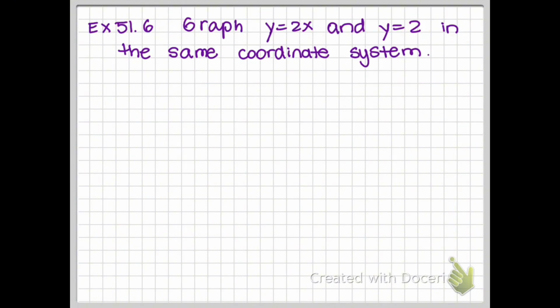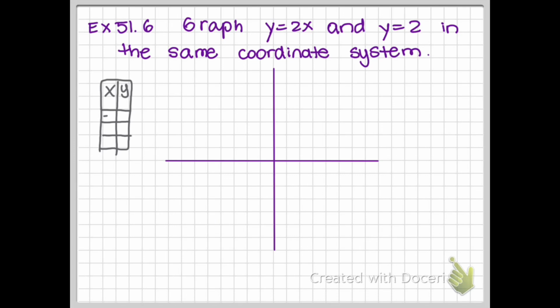So now just to compare, we're going to graph in one coordinate plane both y equals 2x and y equals 2. So we're going to do the same process that we did before. We're going to do our table for y equals 2x. So let's work with -1, 0, and 1. So if we substitute, it's going to be 2 times -1, which is -2.